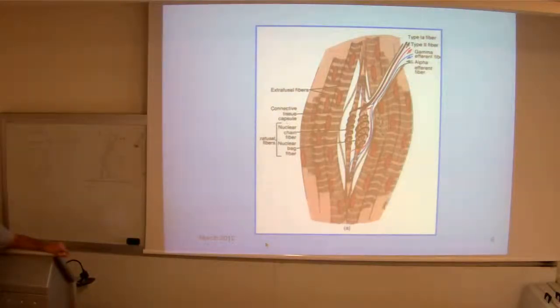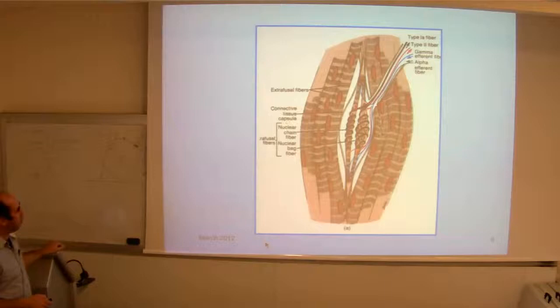Okay, so as we said, the muscle spindles are these organs. They have a wrap around them, and they have muscle fibers inside of them, and they have these axons wrapped around them, signaling when something is stretched.